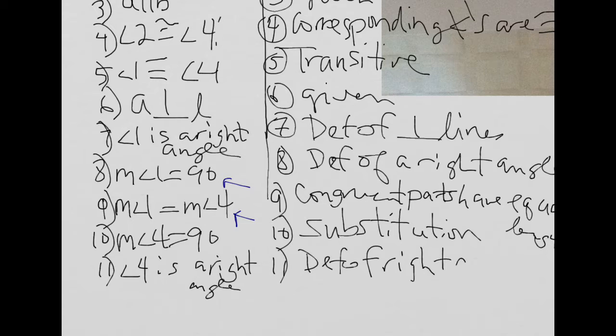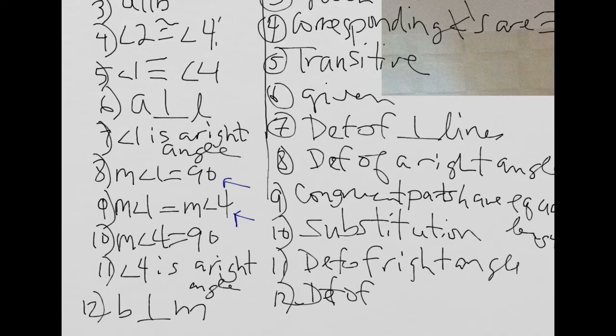And now I can finally say then that B is perpendicular to M, definition of perpendicular lines. We have our right angle there.